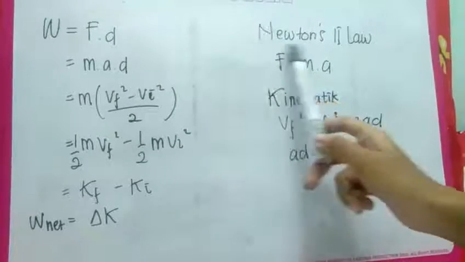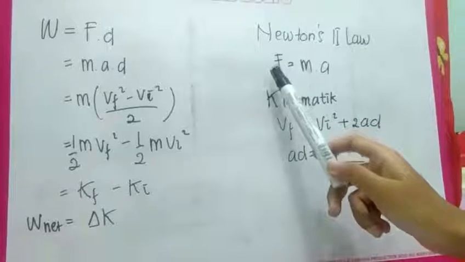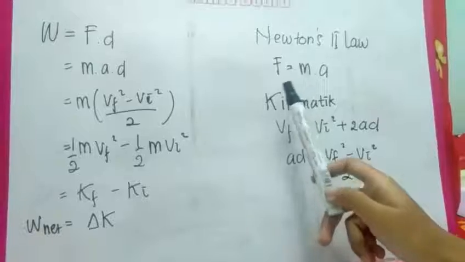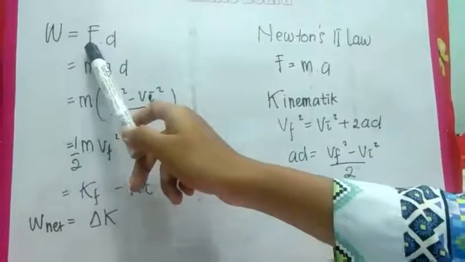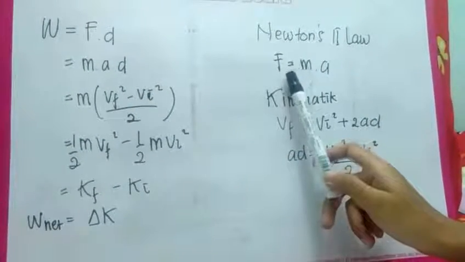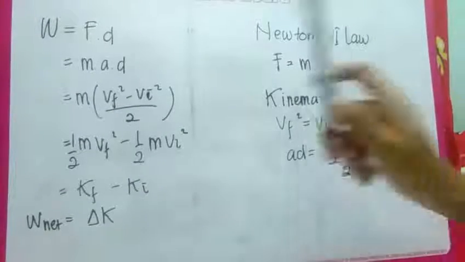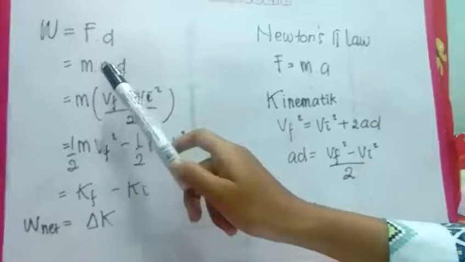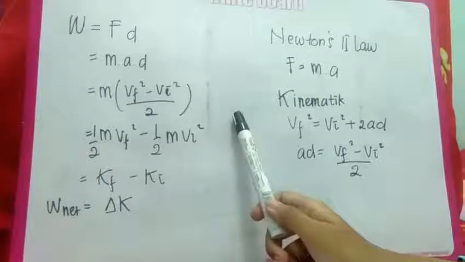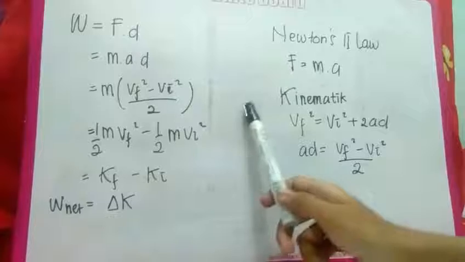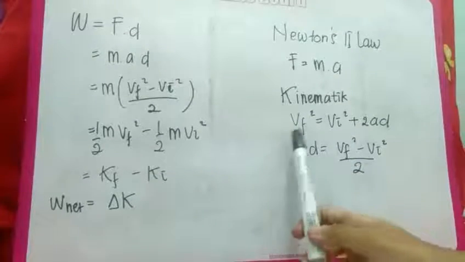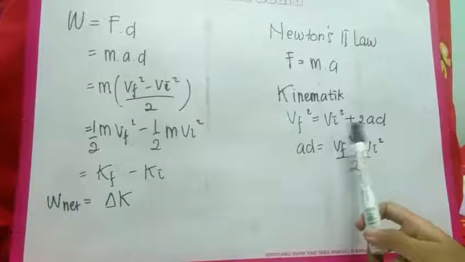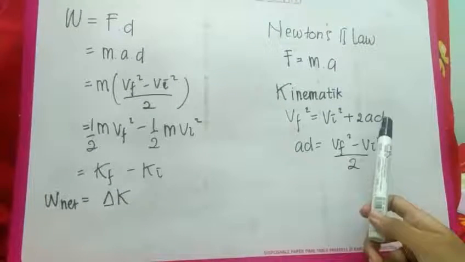Remember that in Newton's second law, we have the force formula F equals m times a. If we replace F in the work formula with F from Newton's second law, the equation gives W equals m times a times d. And remember too, in the kinematic formula, we have v final squared equals v initial squared plus 2 times a times d.